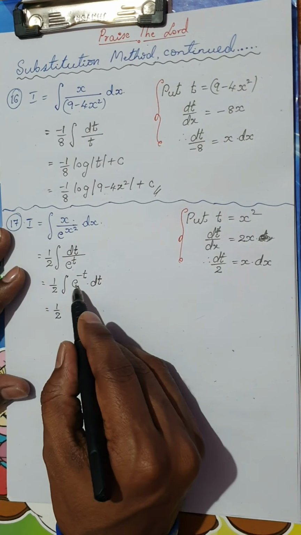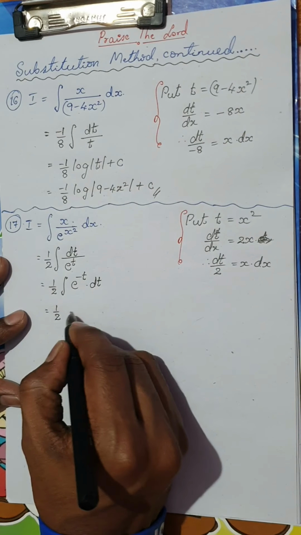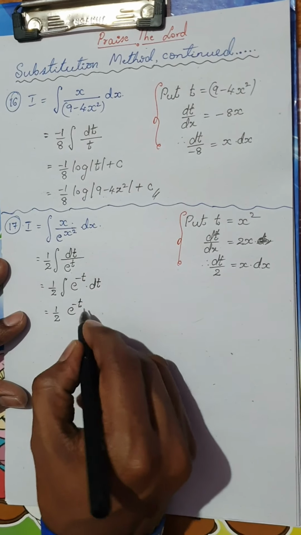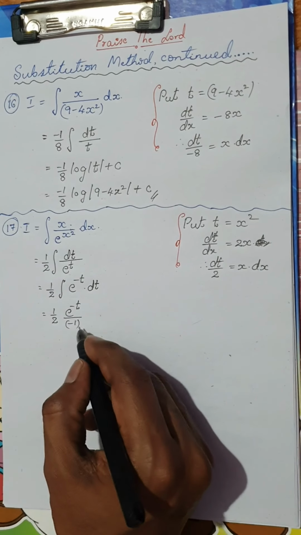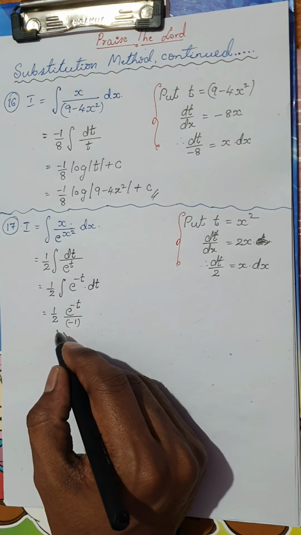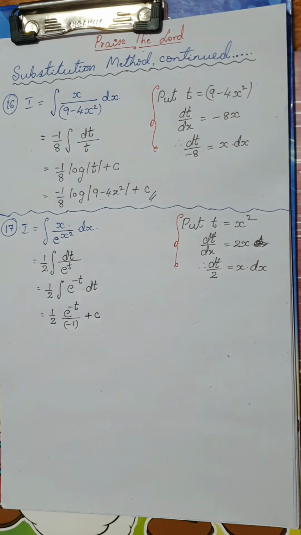This is of the form e power minus 1 into t. So integral of e power ax is e power ax divided by a. Is it clear? The constant is divided, so only the minus would be taken, plus the constant of integration.